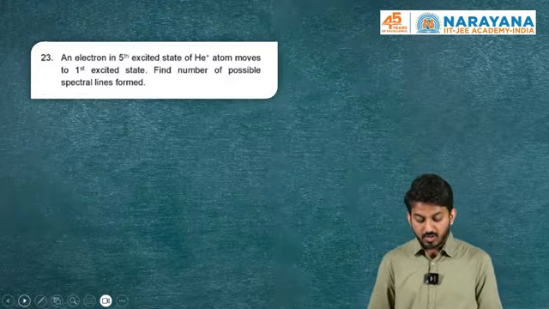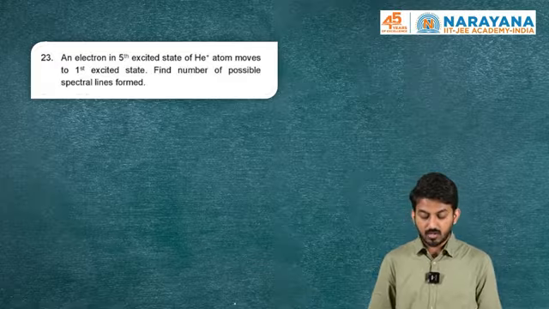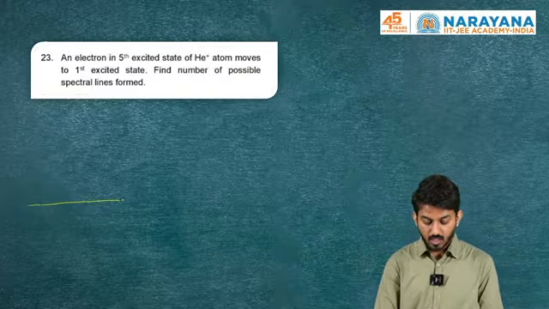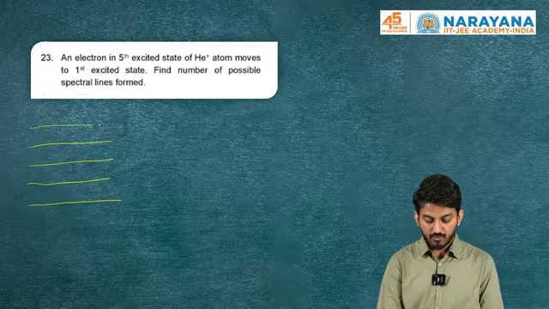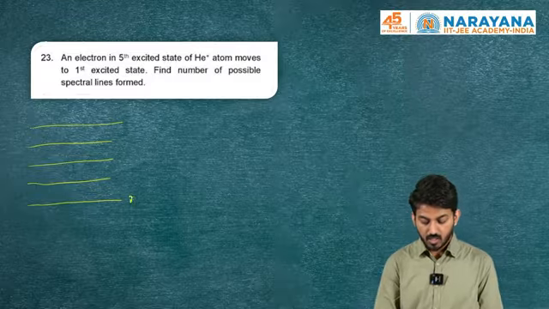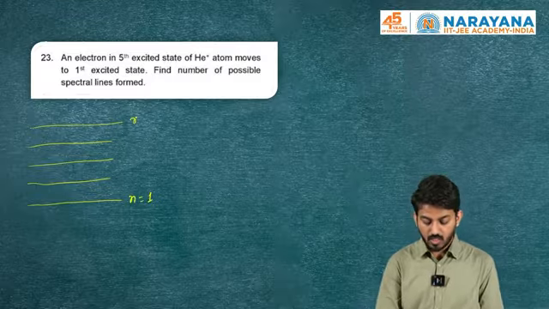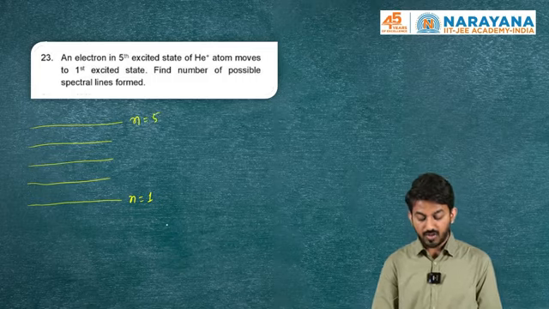Now electron in the fifth cyclic state comes down to first cycle, number of possible spectral lines. So 1, 2, 3, 4, 5. Okay, n is equal to 1, n is equal to 5. If we start counting, that will be too much.